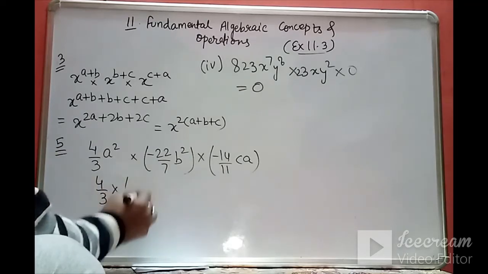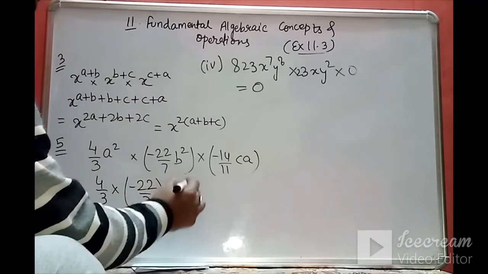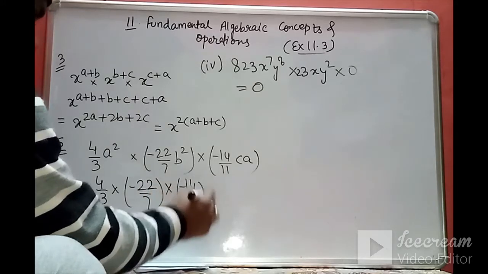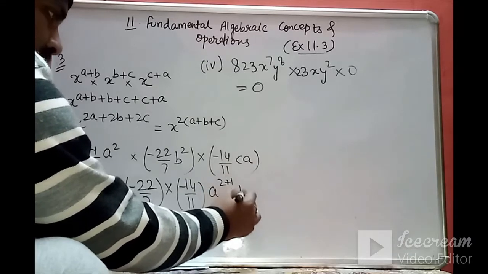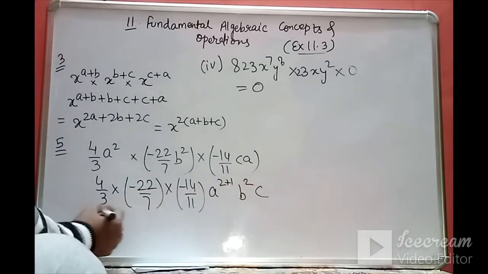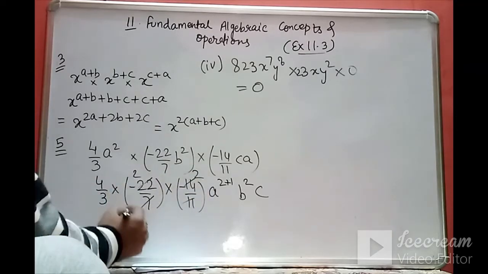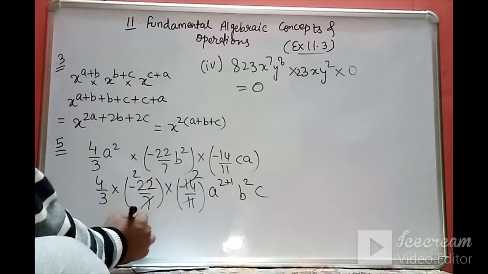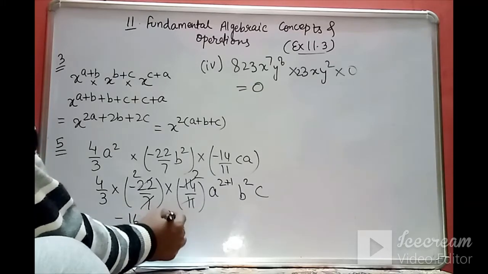So let's put all the constants together like this, then it is a square, one more, then it is b square, then this is c. So if we simplify, we will get minus 16 upon 3 a cube b square c.